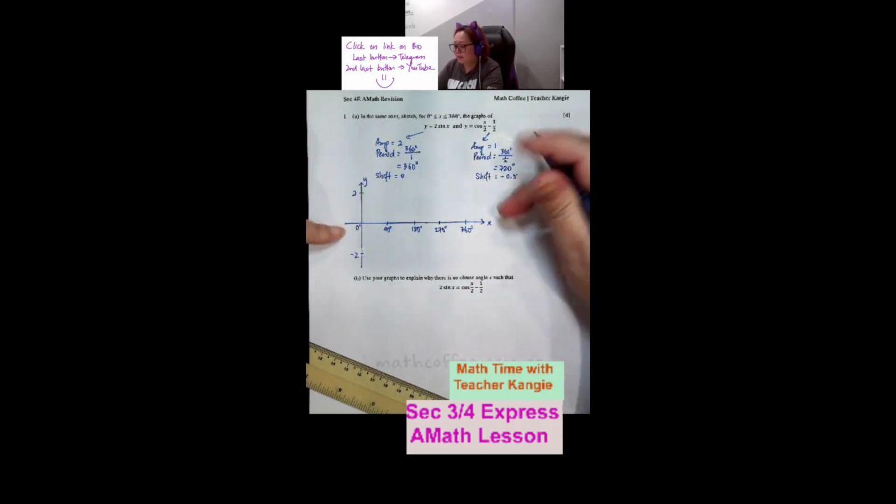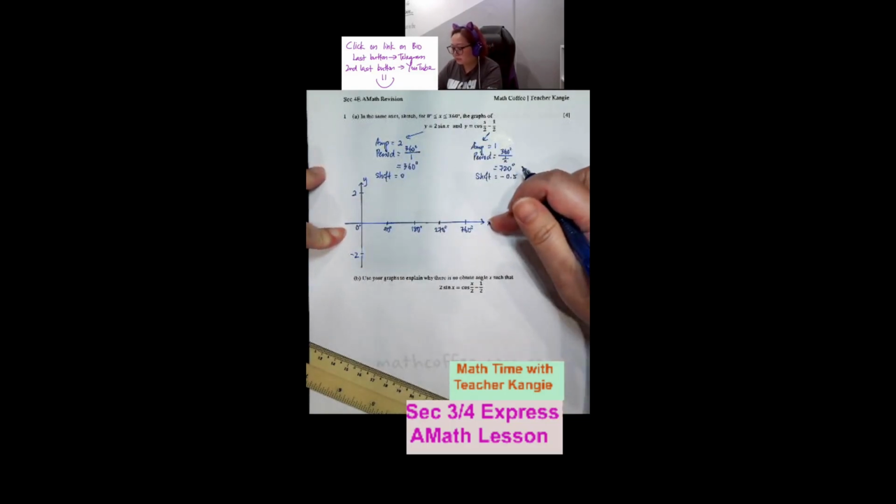So 180 plus 90, we know that this one will be 270 degrees. Okay, so you see how I draw. This one has no shift, so my middle line is the x-axis. My maximum is 2, my minimum is negative 2. So now you are ready to plot the sine graph.